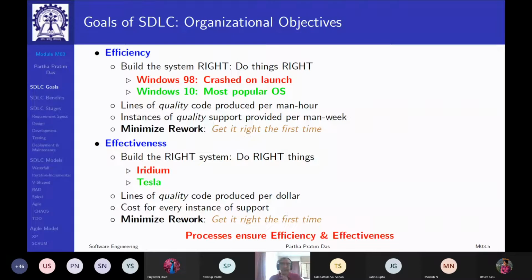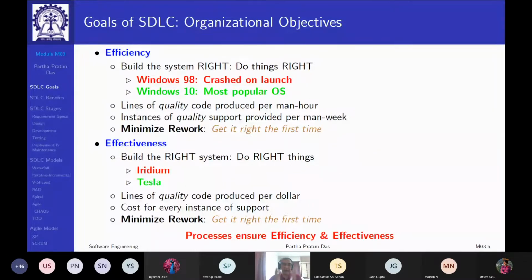Lines of quality code, not just any code. If you write 100 lines of code and that has 10 bugs, that's not quality code. So the lines of quality code that are produced per man hour of effort is a measure of efficiency. We also call it a productivity index. And it could be the instances of quality support provided per man.